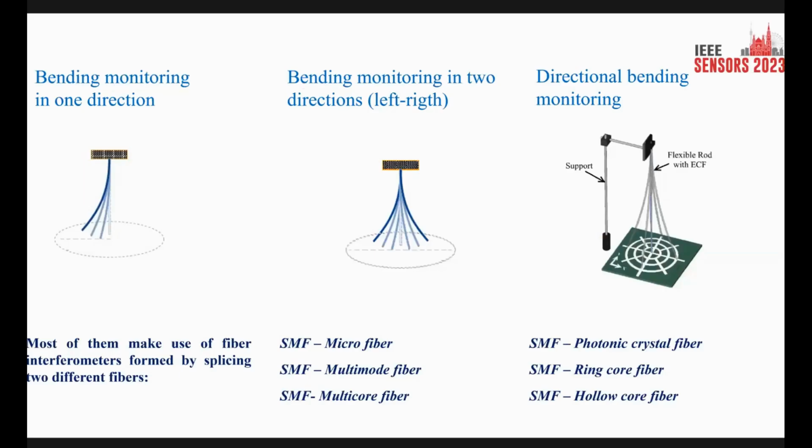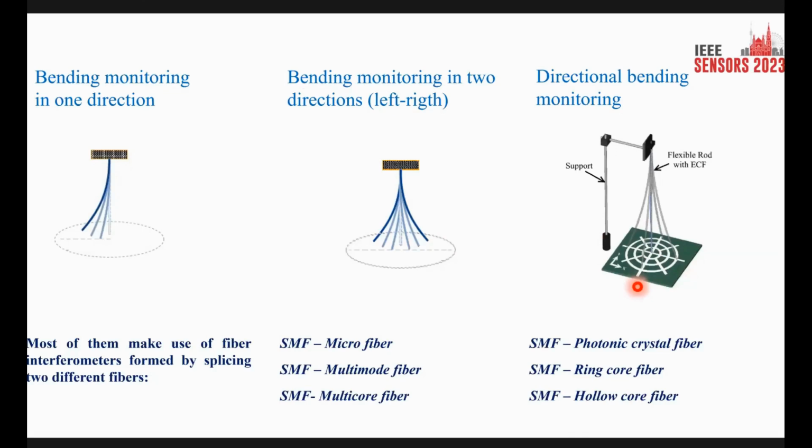So bending monitoring, we can see this as one direction bending here. Also, two directions. We can call it left to right. Could be in any two directions, but in the same plane. And what we call directional bending is this bending in any direction.